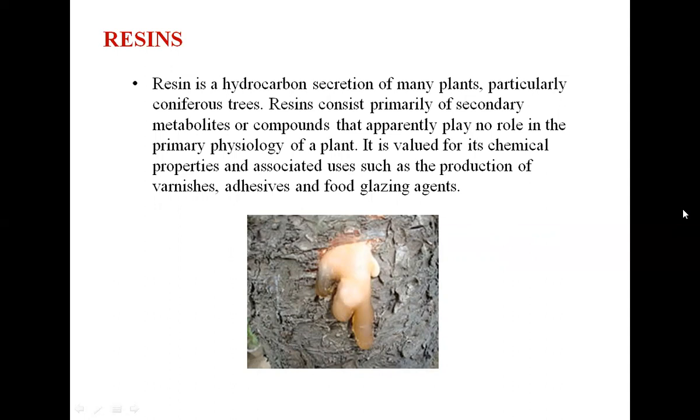This resin is a hydrocarbon component we see in coniferous trees, especially in forests. It is valued for its own chemical reaction and is used in the production of varnishes, adhesives, and food glazing agents. It doesn't play any role in the primary physiology of a plant.